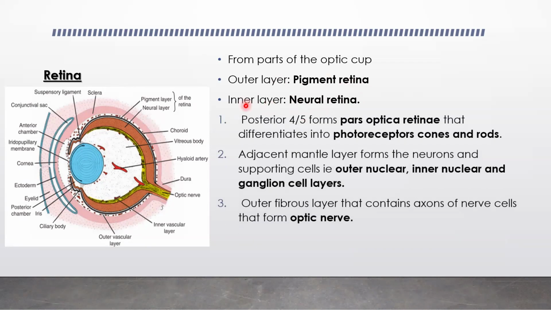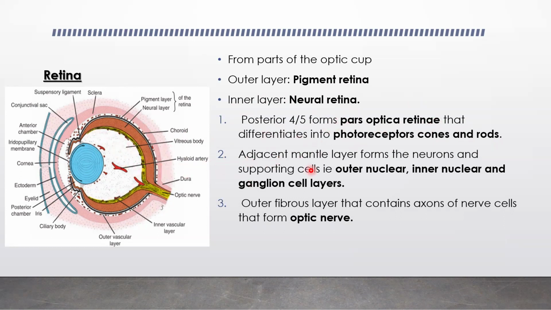For this neural layer, the posterior four-fifths forms the pars optica retinae, which will differentiate to give us the layer of photoreceptors, cones, and rods. Remember, the posterior part of the eye is the one that has cones and rods. So from here to here is where you have the retina with the rods and cones. That is the pars optica retinae.